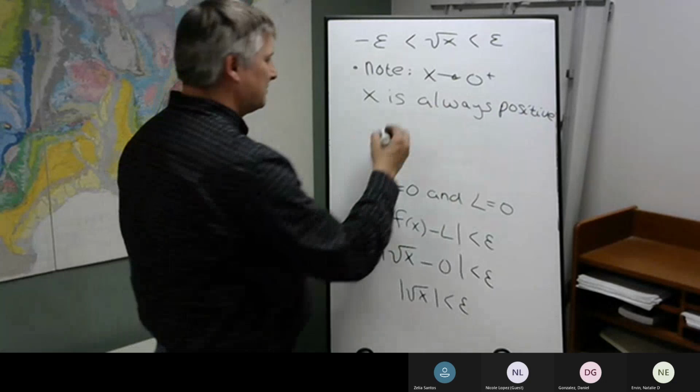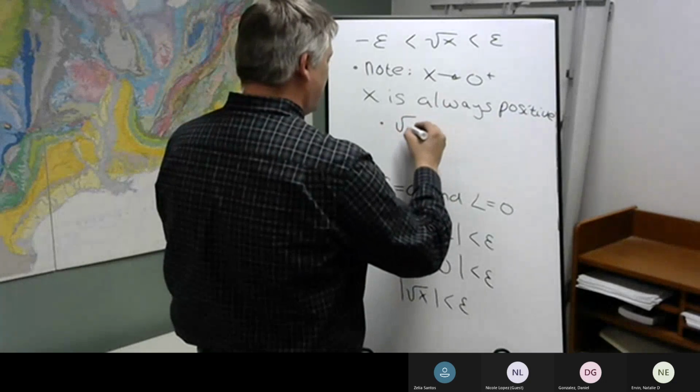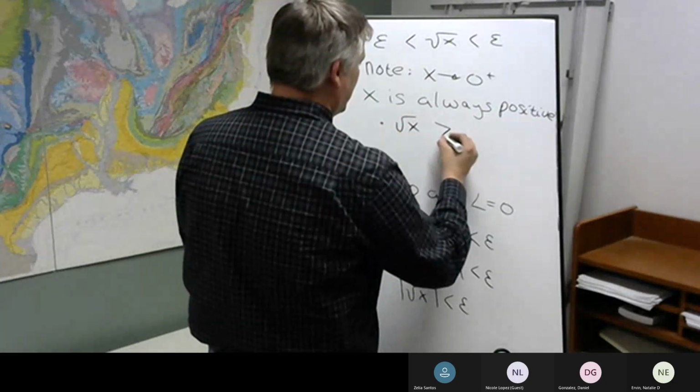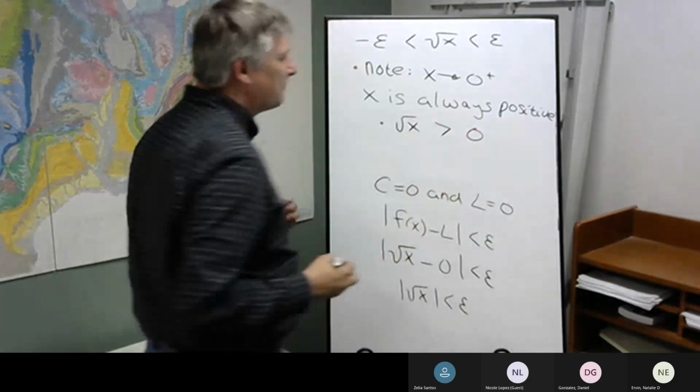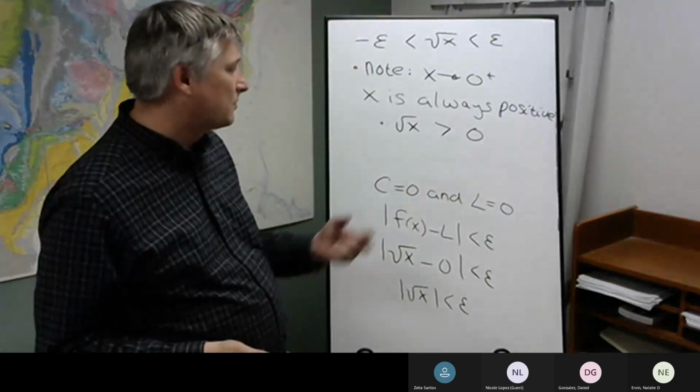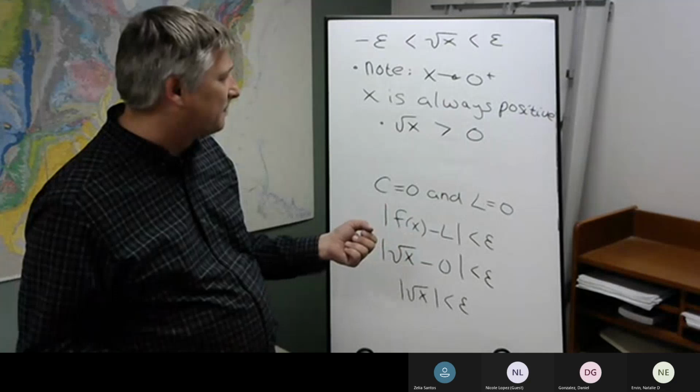So the square root of x is greater than 0. We're to the right of 0, so we're not going to ever equal 0.